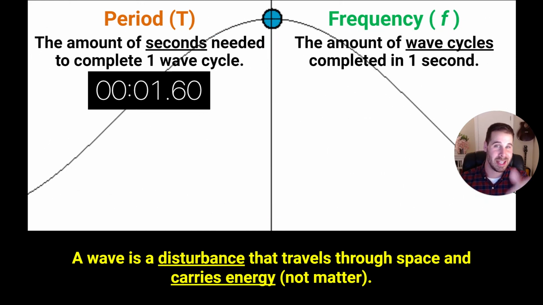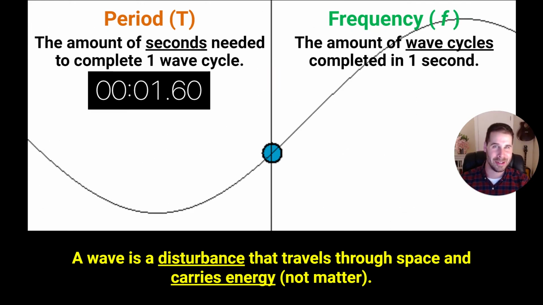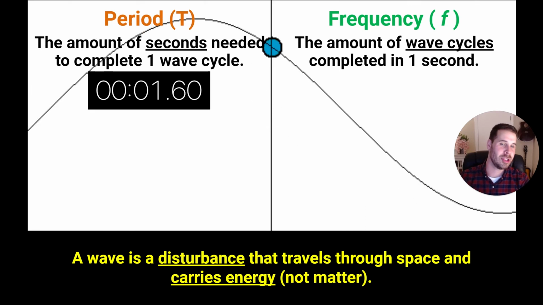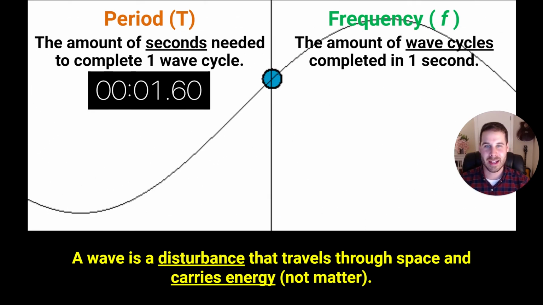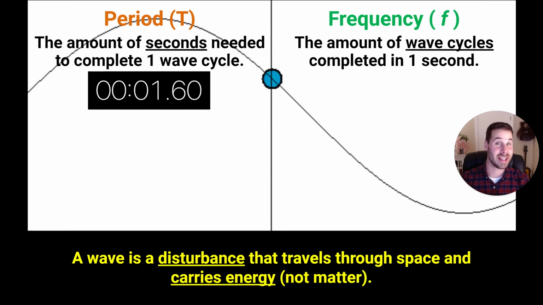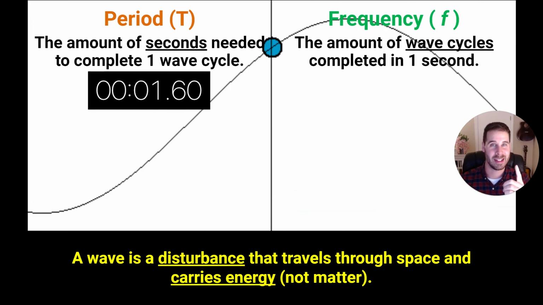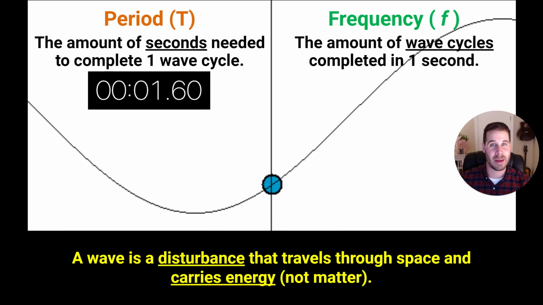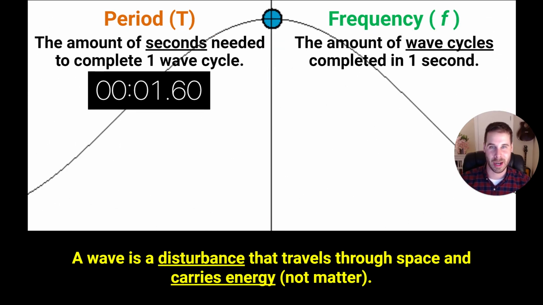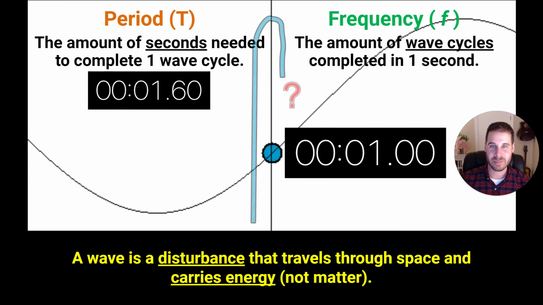So I could look at this duck bobbing up and down in this analogy, and I could start looking at the bottom, or I could start looking at the top, and I'm just going to choose the bottom arbitrarily. And I'll look at the bottom, and I'll try to figure out how many wave cycles it completes in 1 second. So I'll count 1 second on the stopwatch, and we'll see where we have to pause it after 1 second. So here we go. Ready, go. You know what?